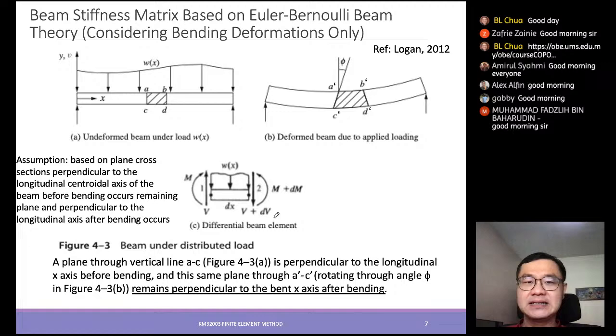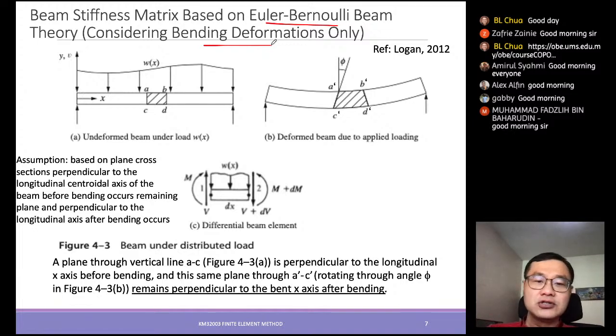The beam theory here is mainly defined by what we call the Euler-Bernoulli beam theory, a very famous Euler beam theory, that considers only the beam deformation, so we only consider the bending deformations.